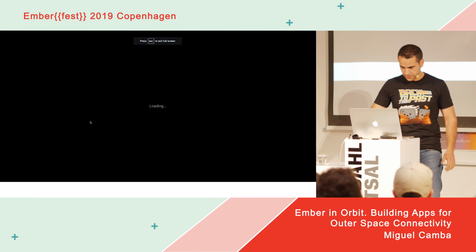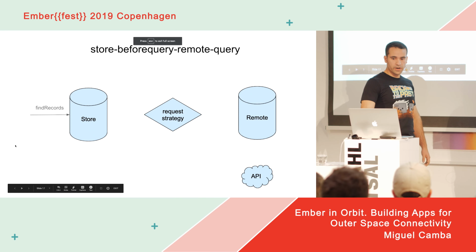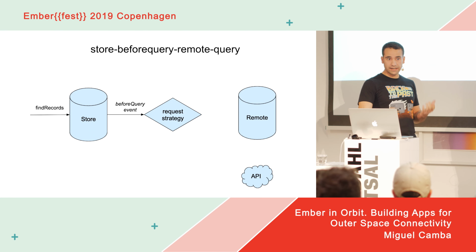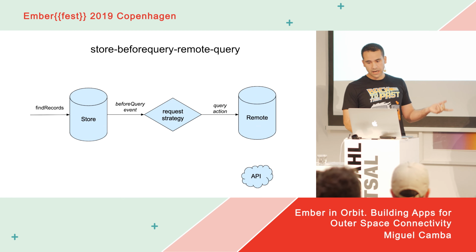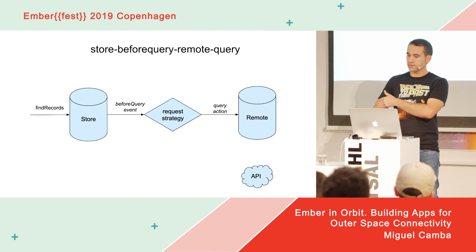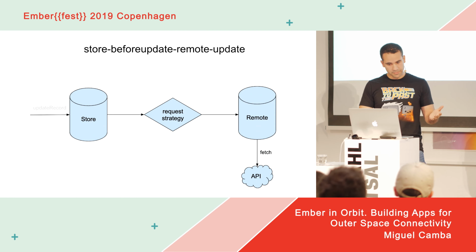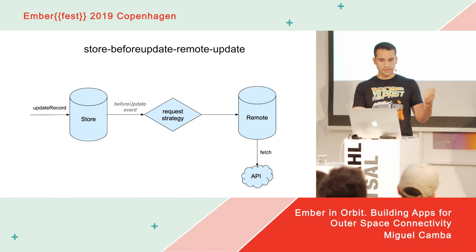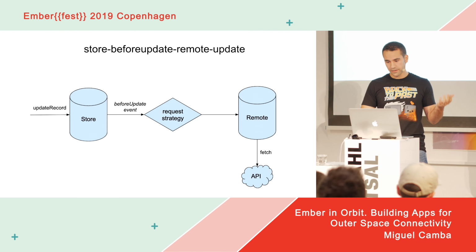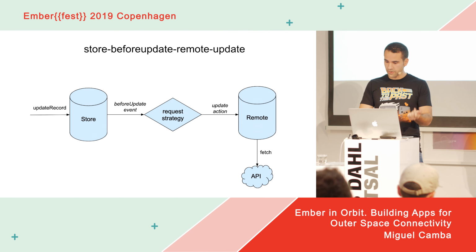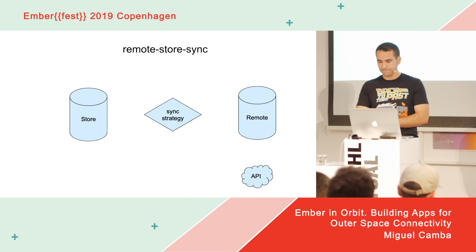Let's keep the presentation. So as I mentioned, when we get a query on the store, a before query event is fired, and the strategy is listening for that event and calling the query action on the remote source, which is in turn fetching from the server. The same happens when we update a record, it triggers a before update event, and the strategy, which is listening to that, calls the update action on the remote source, which happens to know how to make a request to the API.